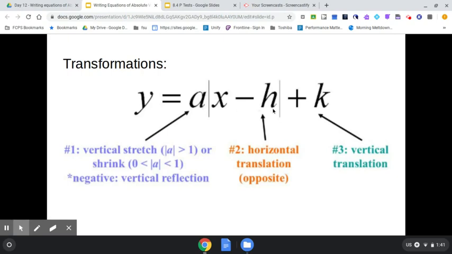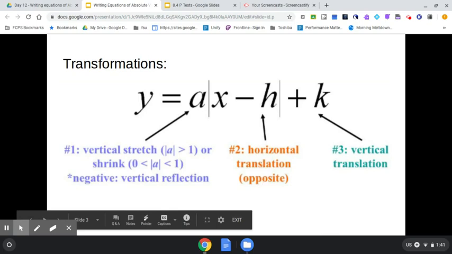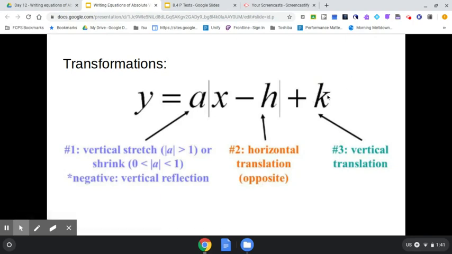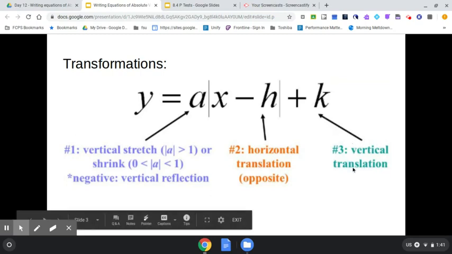Inside the absolute value signs, we can shift the graph left or right. That's a horizontal translation. And remember, the sign that you see is the opposite of the direction that we would move. And then outside the absolute value function, k shifts the graph up or down. So that's a vertical translation.